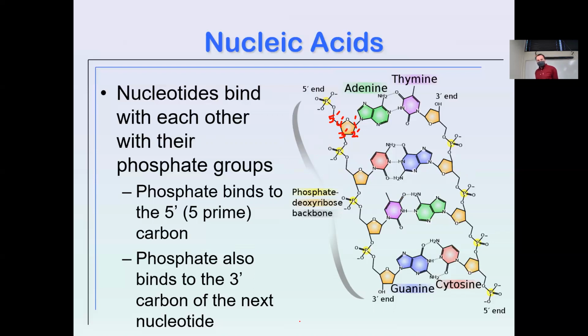So this is important because, again, this backbone of the DNA is formed on the combination of the phosphate group linking to a 5-carbon sugar. That links to the next phosphate group, which links to the next 5-carbon sugar, which links to the next phosphate group, linking to the next 5-carbon sugar.